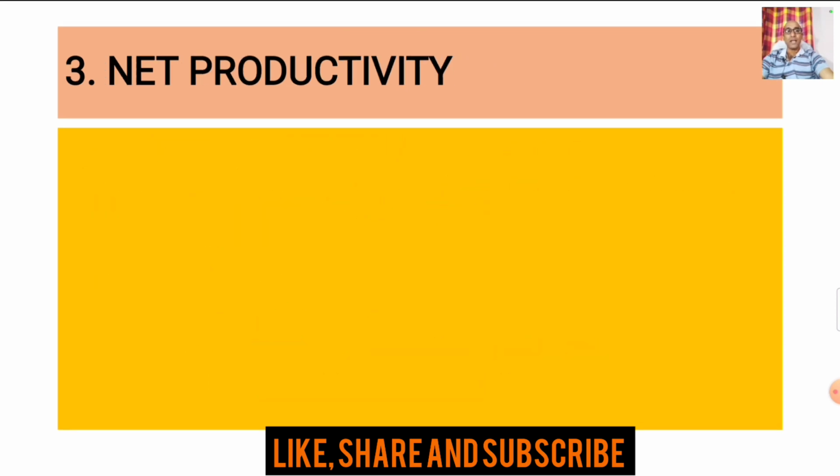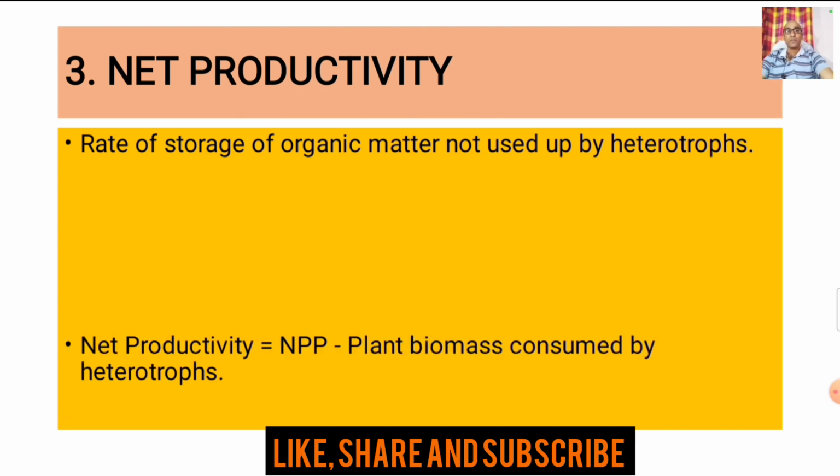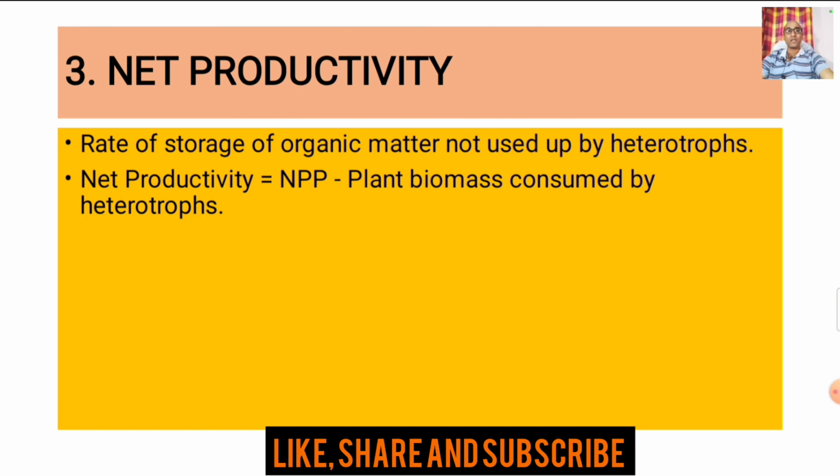Now come to the net productivity. It is the rate of storage of organic matter not used up by the heterotrophs. That means the amount of organic matter that is stored which is not yet used up by heterotrophs is called the net productivity.